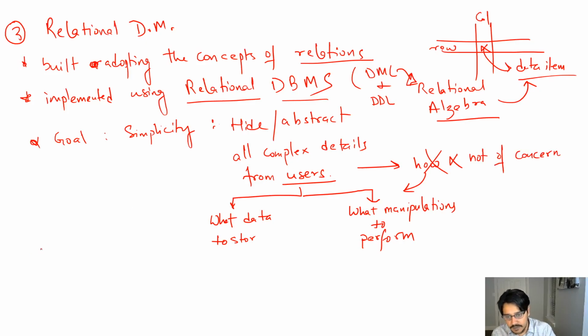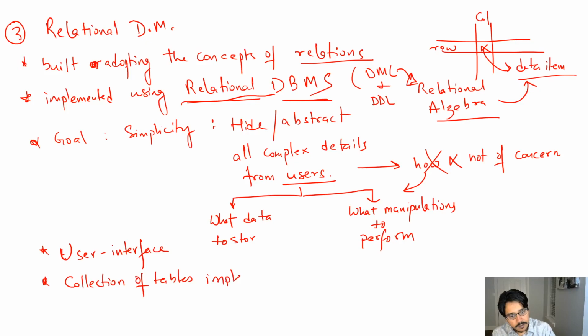So it gave us the capability of a user interface that was provided with the relational DBMS. It also gave us a collection or a list of tables that will be implemented in the database, storing our data.